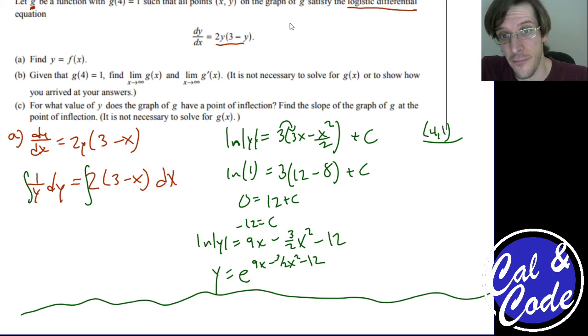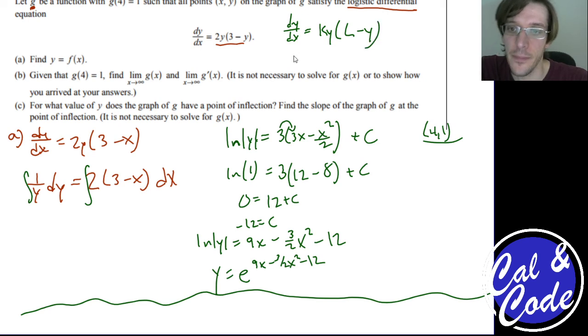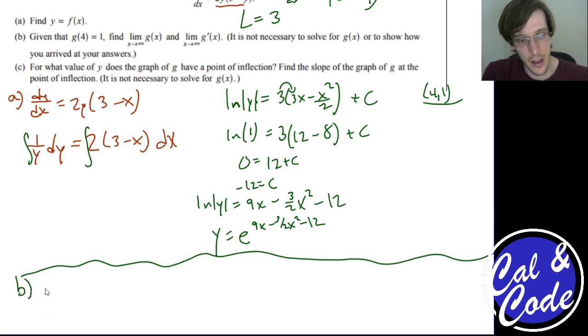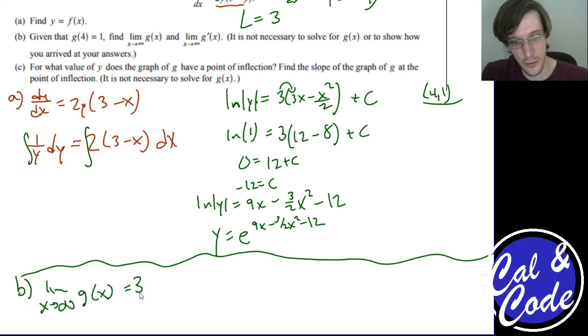Because this is in that form of dy dx is equal to ky times L minus y. So L is 3. So when I take my limit as x goes to infinity of g of x, I should end up with 3.